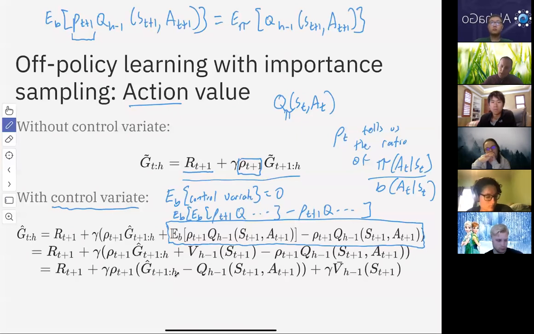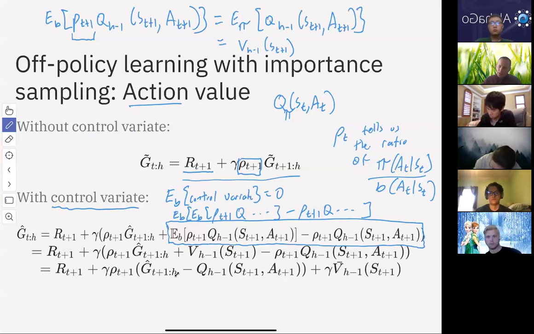Well, this is basically just our value function, right? That says if you're sampling from our target policy, the Q values, that's really just a V value, right?